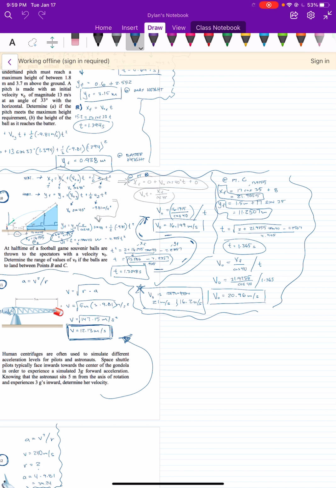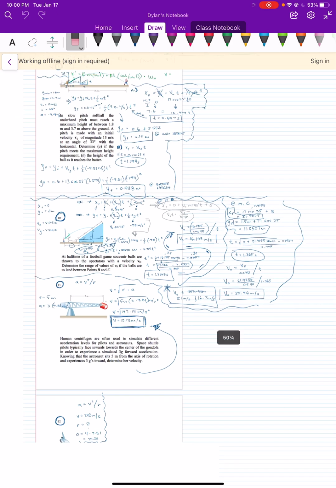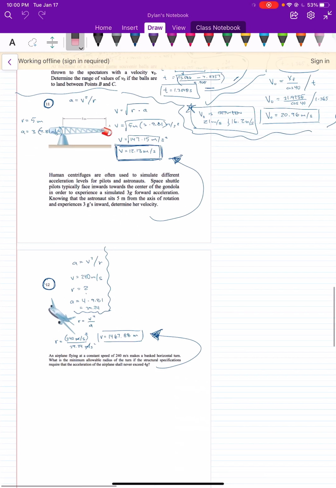And once I got those new x final and y final coordinates, I just plugged that back into the kinematic equation to get my time it took to get to that point, and then calculated the velocity. And then I got the two different velocities.